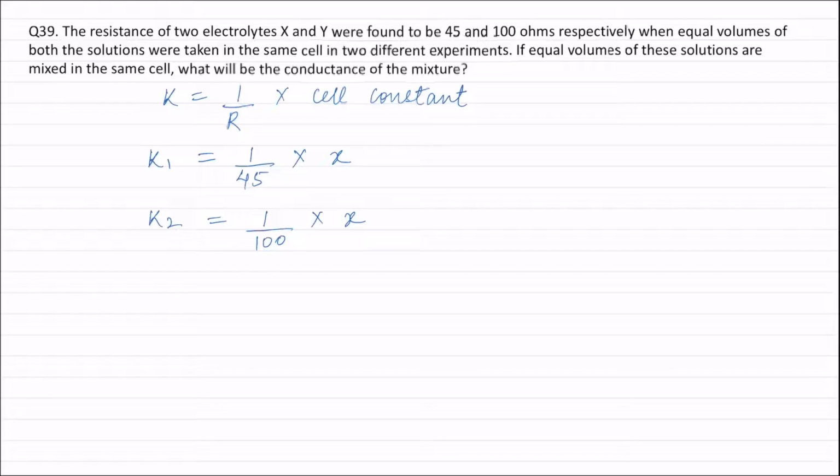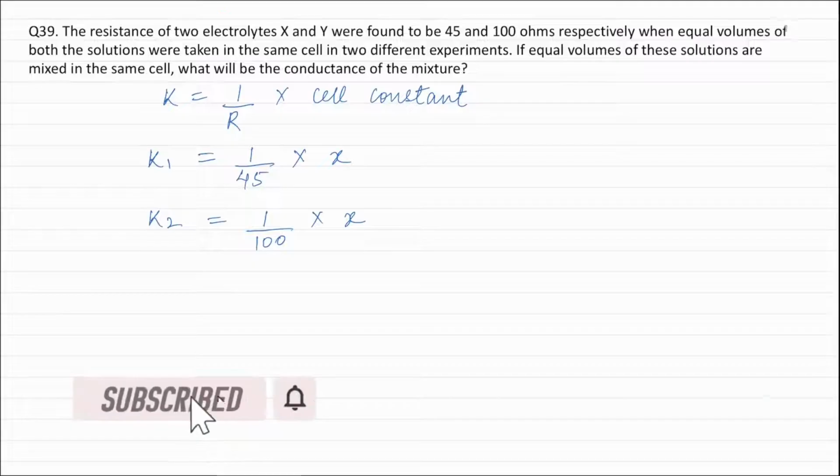Now when equal volumes of these solutions are mixed in the same cell, the individual contribution to specific conductance of the mixture will be K1 by 2 and K2 by 2.